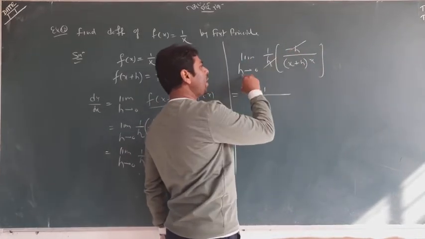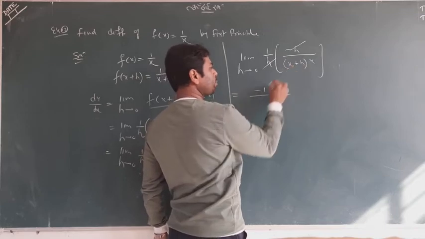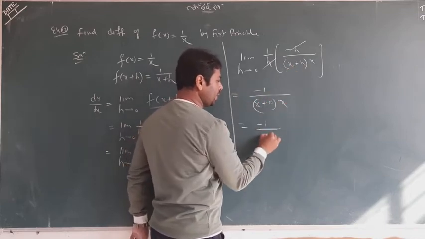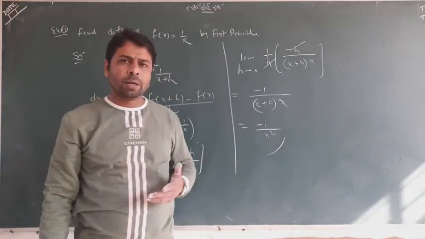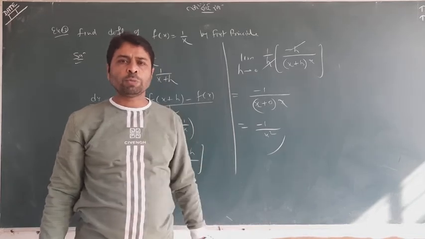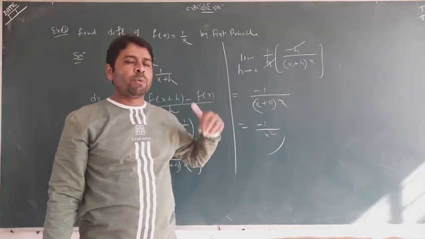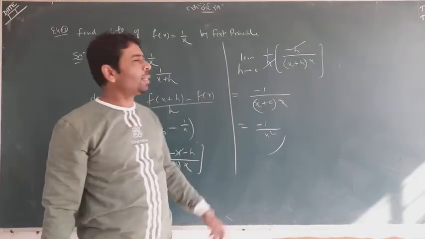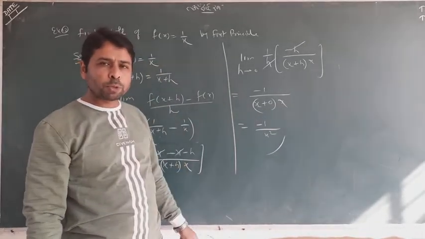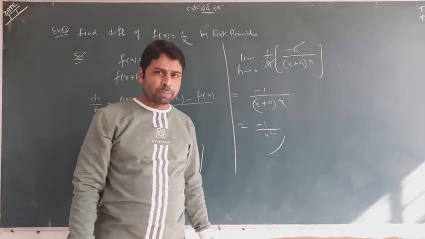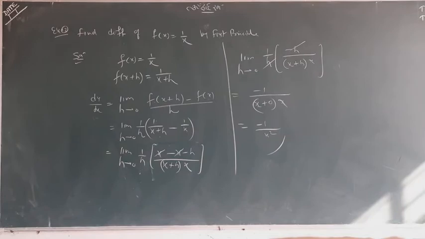Minus 1 is upside, h tends to 0 will be put here, x plus 0 into x, and x into x is x squared. We already knew this formula, because the differentiation of 1 by x we have already seen: it was minus 1 by x squared. When I was teaching you this question, I taught you to remember it as a formula, and this is by first principle. The question came the same, so we got the same answer. Okay, so this is example number 12, we have done it.